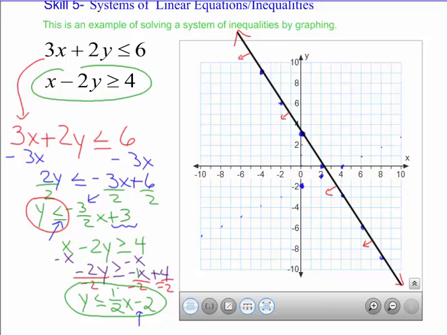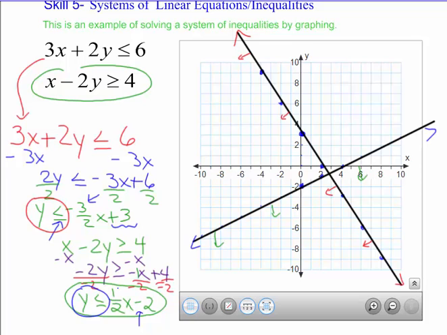Again, this is an equal to, so it's going to be a solid line. Going uphill, positive slope. Arrows on the ends. And y is less than, so you're going to shade below that line.